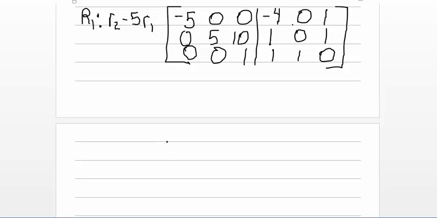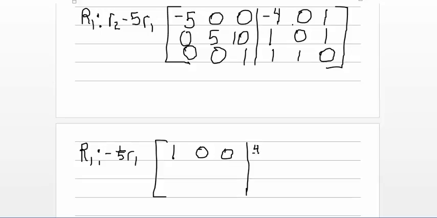And notice that I get my zeros first. In order to avoid fractional expressions, I get my zeros first, and then I get the 1s. So I have all the zeros that I want, except in column 3, I want a 0 where that 10 is in row 2.